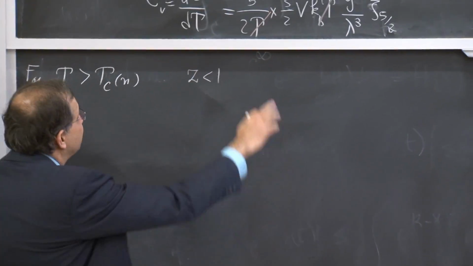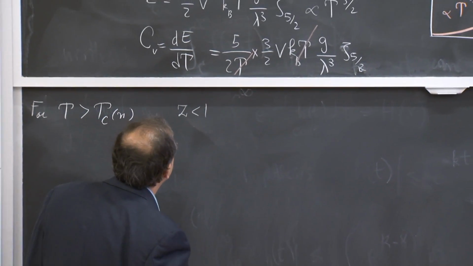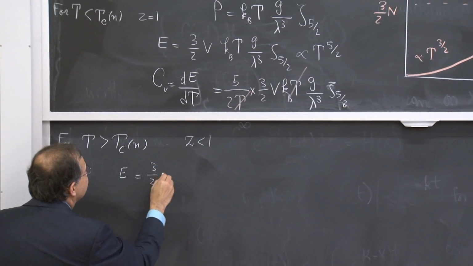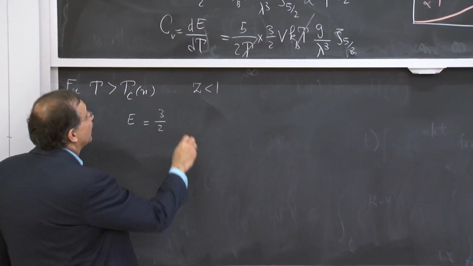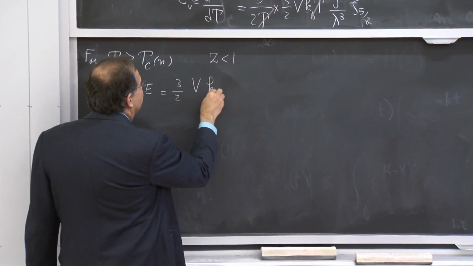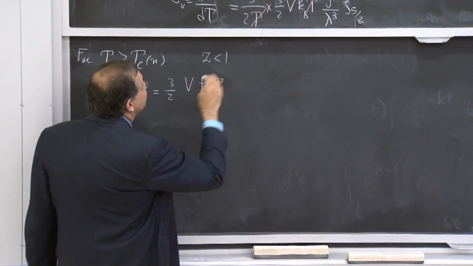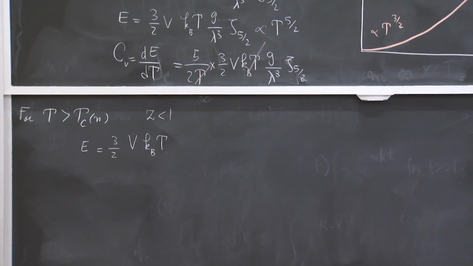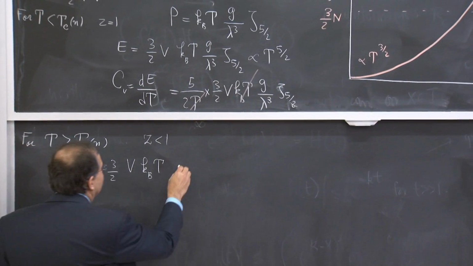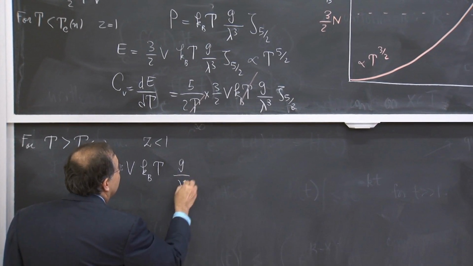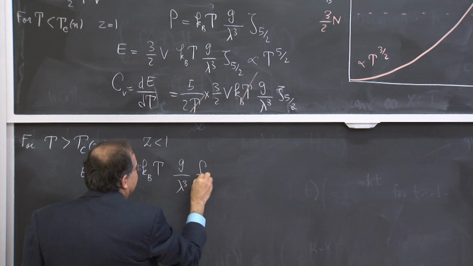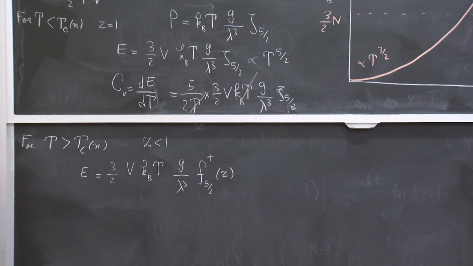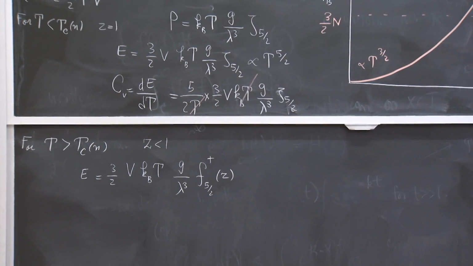But I can still presumably use these formulae. I have that the energy is 3/2 PV. So I have V kT times what is the thing that I have on the right-hand side? It is g over lambda cubed, just as I have over here, except that I have to put f 5/2 plus of z.